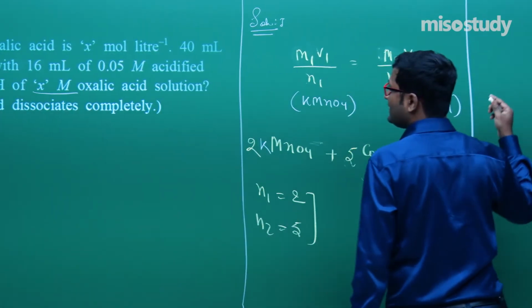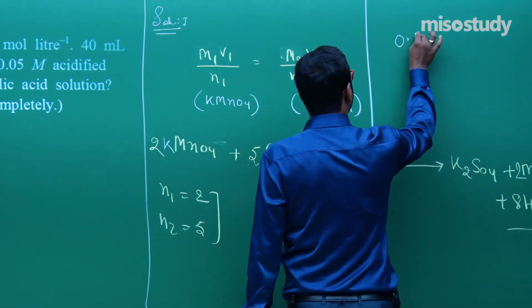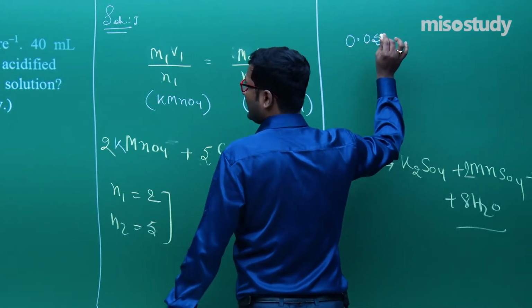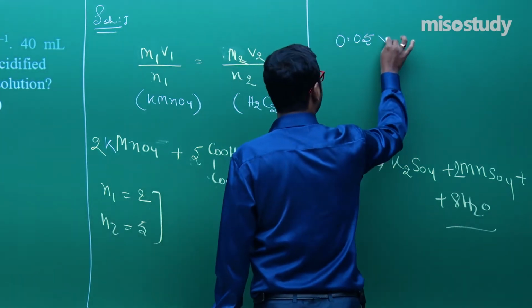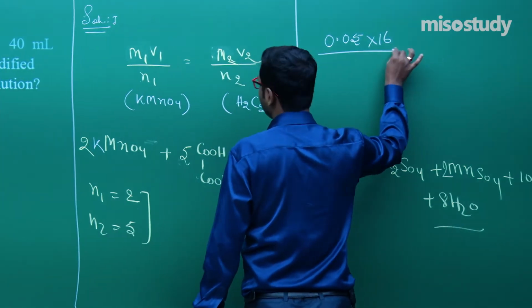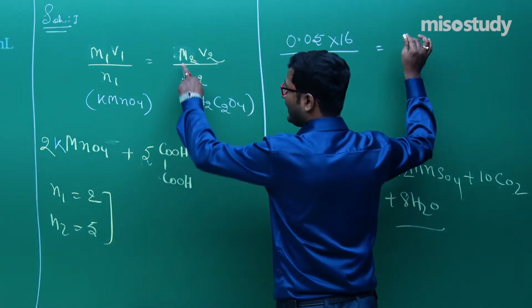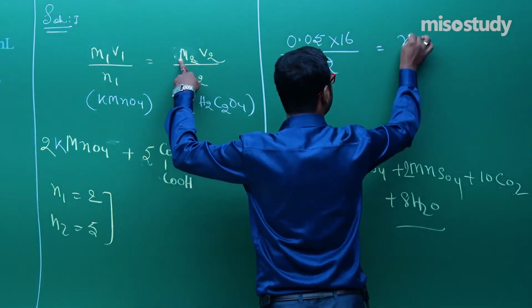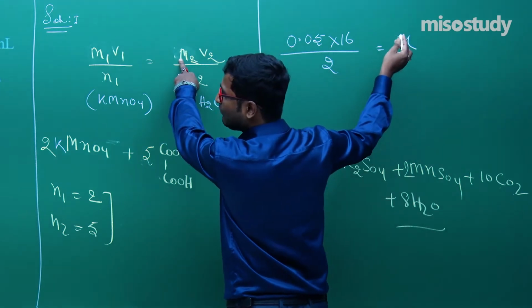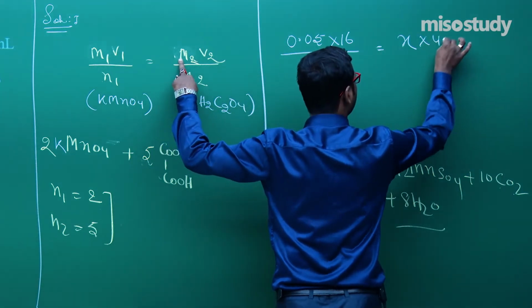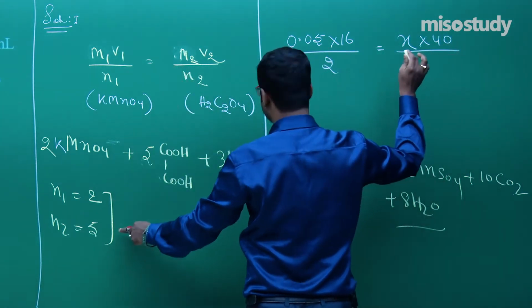Now M1 is given here as 0.05 and V1 is 16 ml, upon n1, which is 2. Now for M2, that is x mole per liter, put here x, and the volume is 40, upon n2, which here is 5.